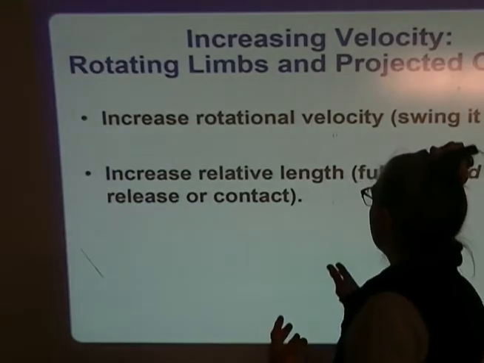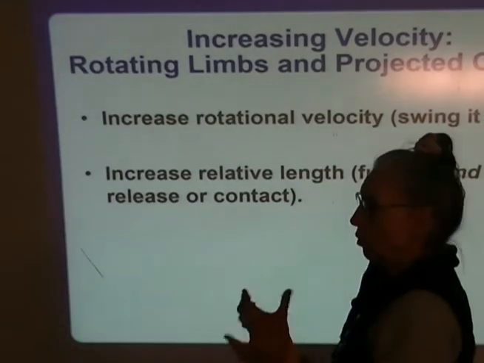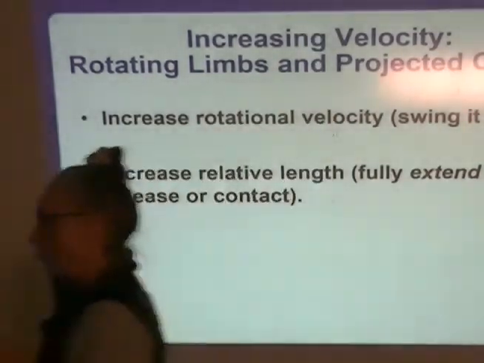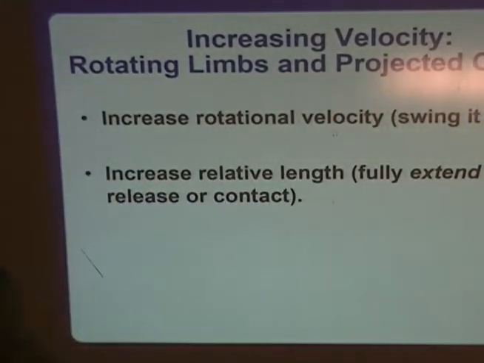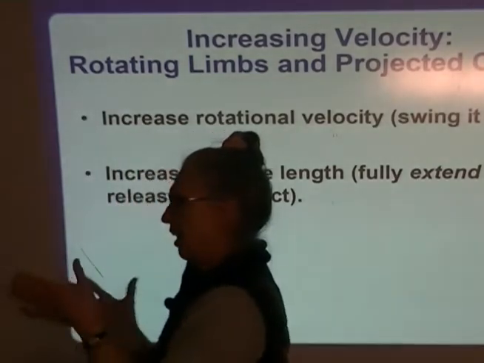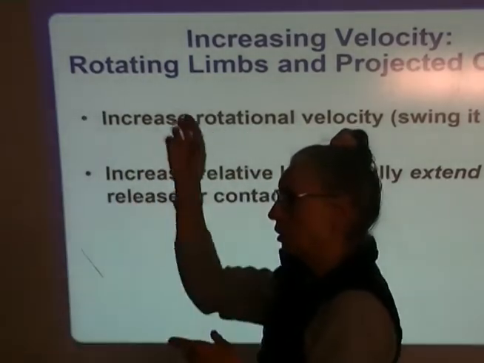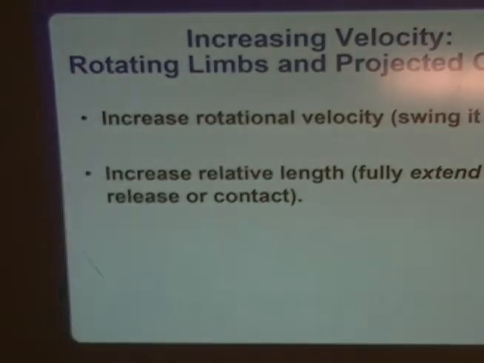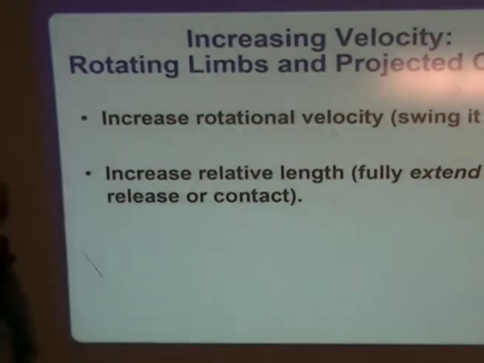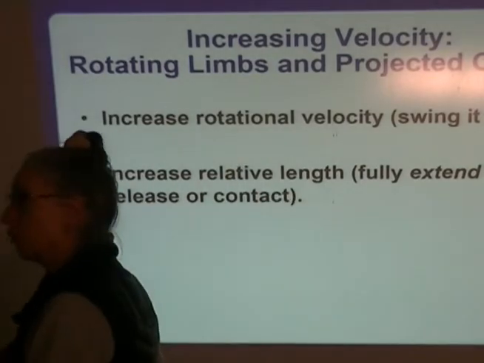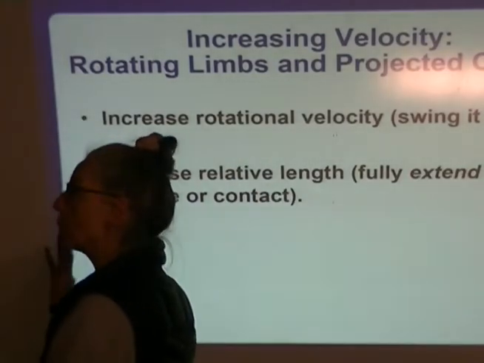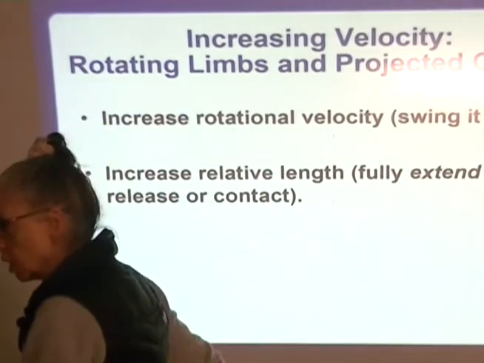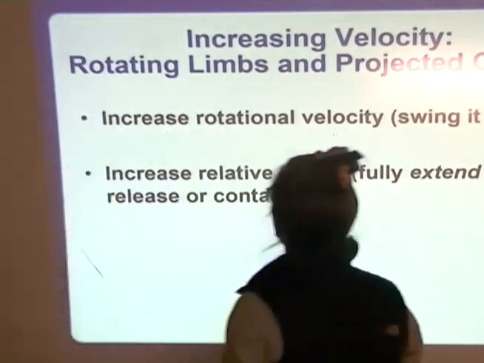So one of the things that we can do, if I'm throwing, or even if I'm running, is that there's often rotation occurring in one or two limbs, right? If I'm throwing, there's rotation of the arm. If I'm running, there's rotation of the leg. It's not a full circle, hopefully. That wouldn't be very comfortable. But we've got part of a circle, so there is some rotation in running, right?